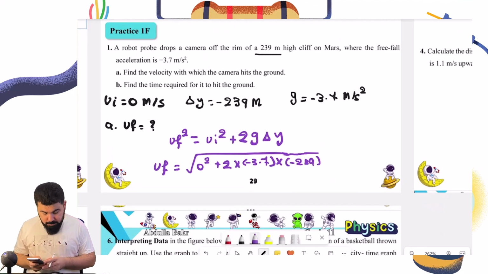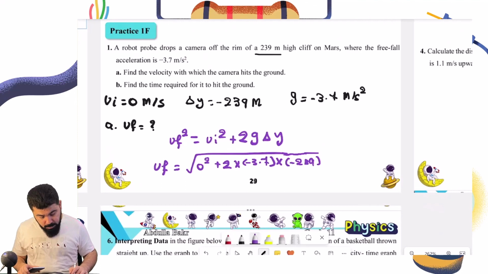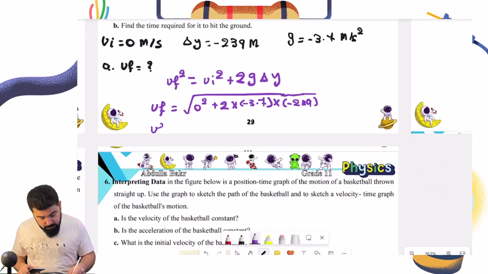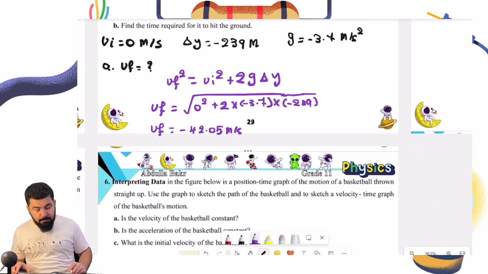So 2 times negative 3.7 times negative 239, we have 42.05. V final is plus or minus, but we're going to take the negative one, so negative 42.05 meters per second.